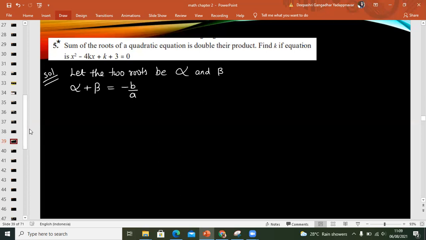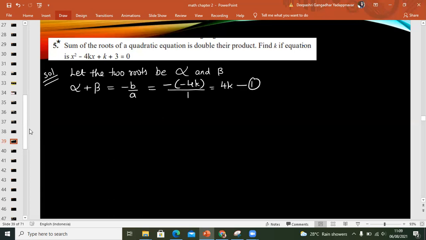Now here in this case, if you see negative b, that is here negative b is negative 4k. We should not forget the negative 4k, k value here. K is also a number. Okay. So this negative sign from the formula, and b value is negative 4k, divide by a value is 1. So this will give you positive 4k.